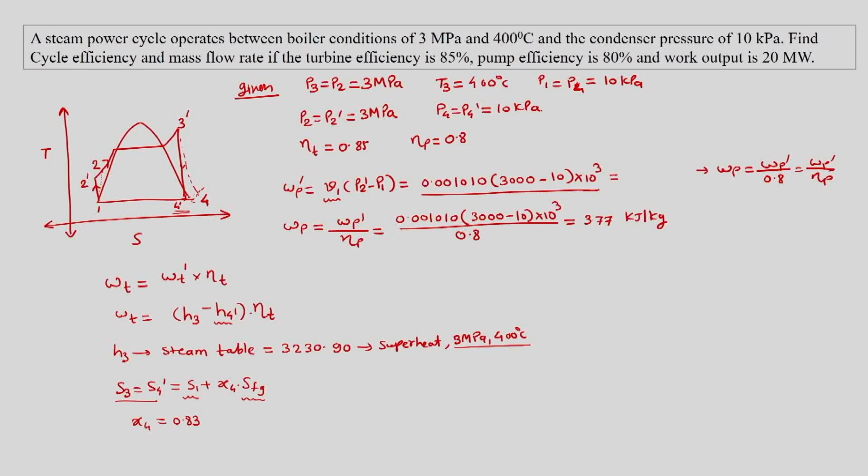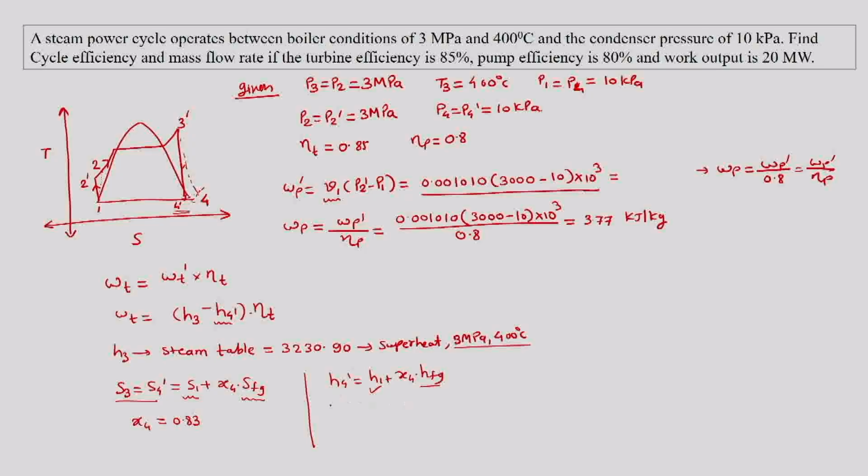Now knowing this, we can find out H4 dash, which is equal to H1 plus X4 into HFG, where H1 is the enthalpy corresponding to saturated liquid at 10 kilopascal, and HFG is again latent enthalpy at 10 kilopascal.